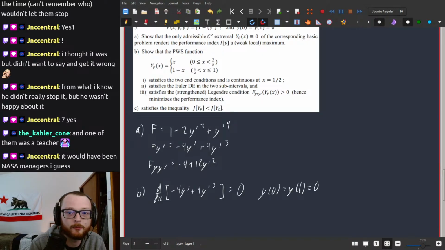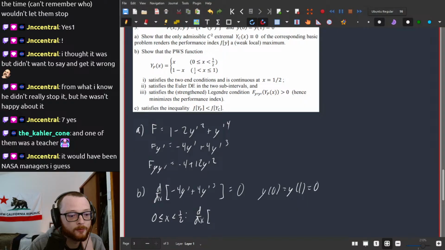All I need to do is plug these into this. Making this too complicated on myself. Okay, so between 0 and a half, d by dx. Oh, is this why it's always linear?